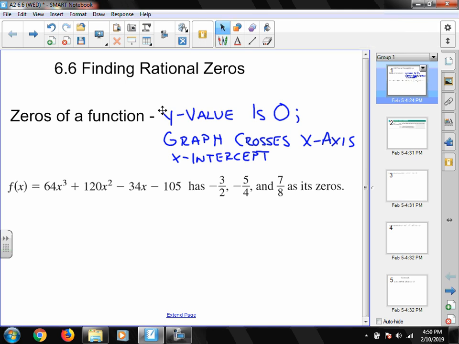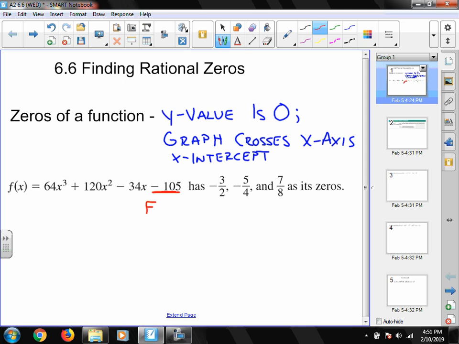Now, what I want you to do is take a second and look at -3, -5, and 7, and tell me how that is going to relate to this -105. I don't know a whole lot about how 105 and 3, 5, and 7 relate. Actually, that's a lie. I do.